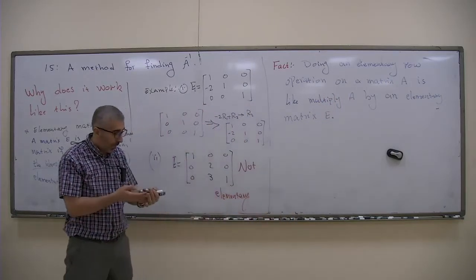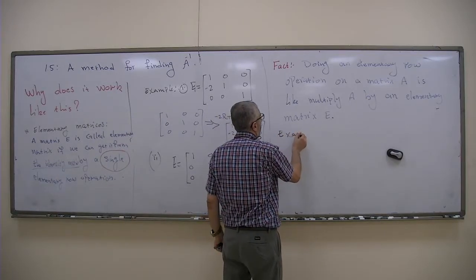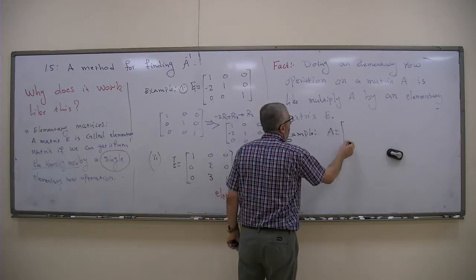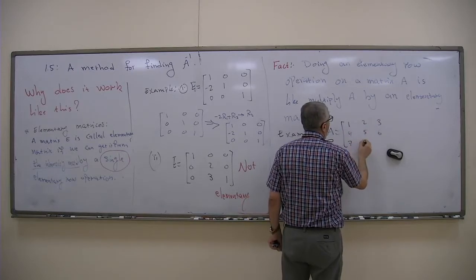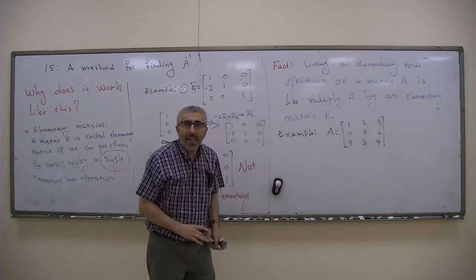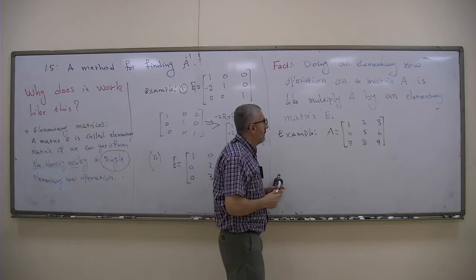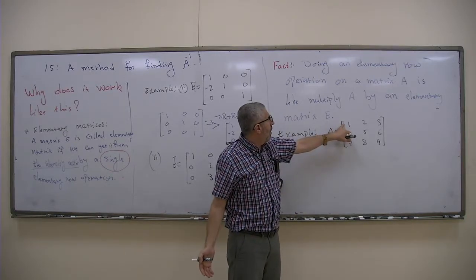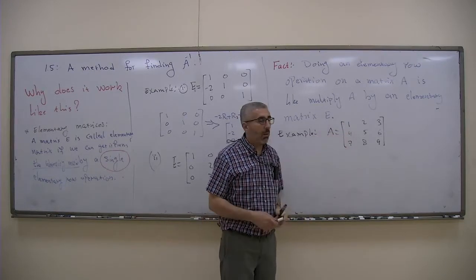Let me clarify this by an example. Let's take whatever matrix: 1, 2, 3, 4, 5, 6, 7, 8, 9. Now, do any elementary operation on this one. Let's say negative 3R1 added to R3, replacing R3.